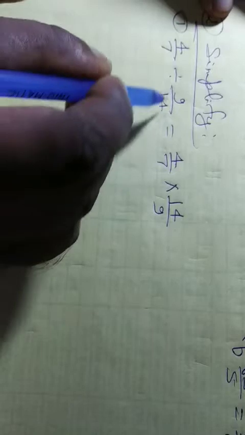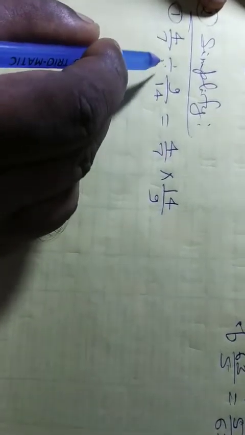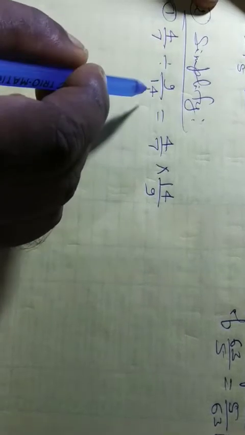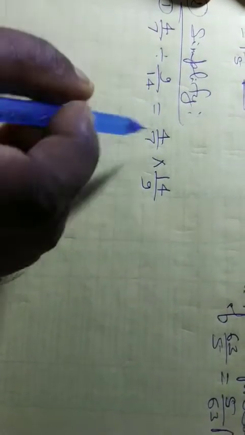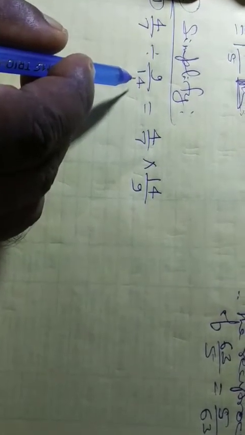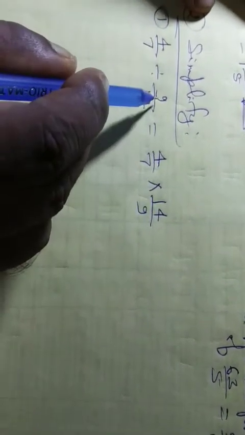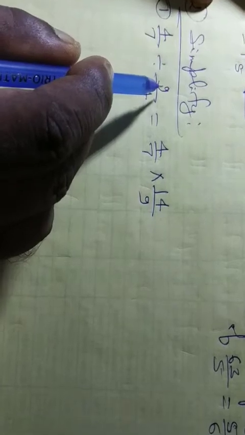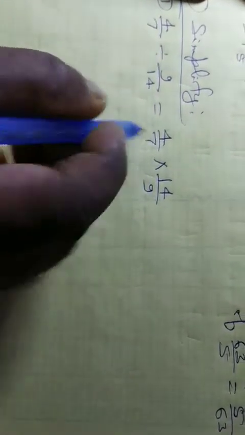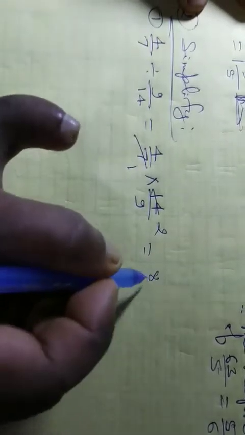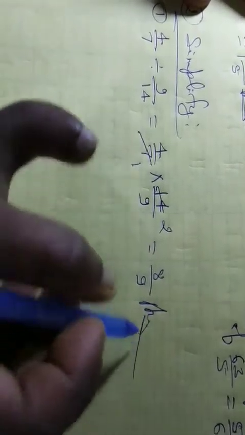Yes, students, when the sign is changed from division to multiplication, then the position of numerator and denominator is also changed. So 14 is here as a denominator, but changing to numerator, and 9 as numerator changes into denominator. 7 ones are 7, 7 twos are 14. 4 twos are 8 by 9, answer.